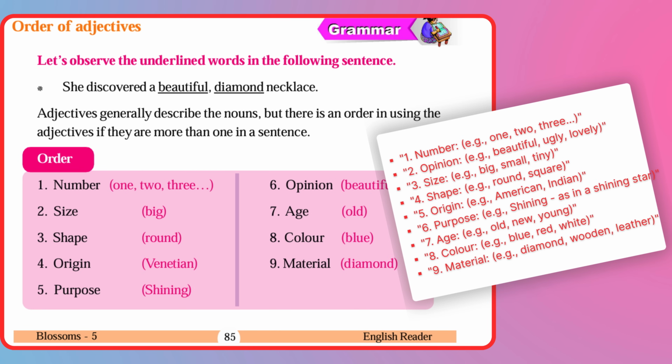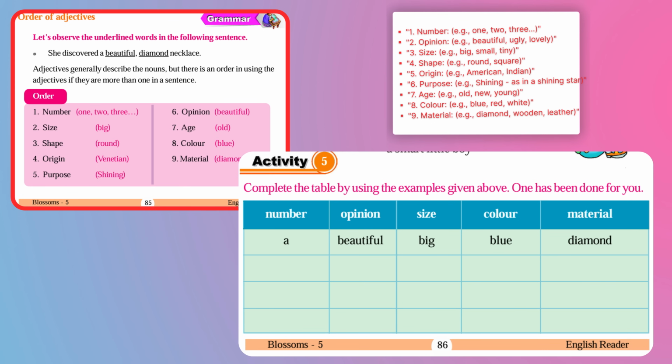In conventional English grammar, the order of adjectives typically follows a sequence where subjective qualities like opinion usually come before objective qualities like size, shape, age, color, material. So let us see the difference between these two screenshots. The order of adjectives on page number 85, that is the screenshot towards the left side, provides a list of adjective categories and their general order: number, size, shape, origin, purpose, opinion, age, color, material, like this.